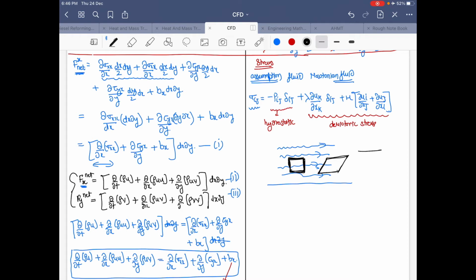Second, it can expand its size. Or third, it can contract. This is just volumetric change. Volumetric change. And this is distortion.